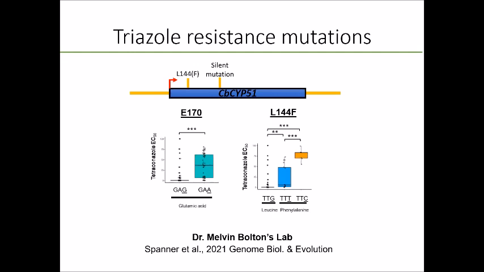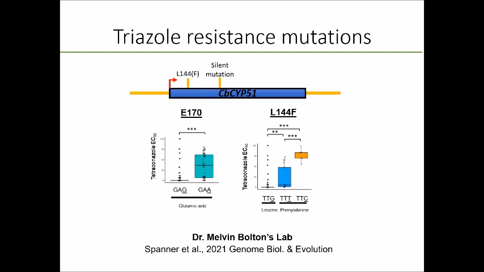And if you have the G, they cluster down at the bottom, which would be sensitivity. Same thing can be said of this L144 mutation. If you have this G or this T, you get a clustering at the bottom here, indicating sensitivity. And if you have the C mutation, you start to see resistance.